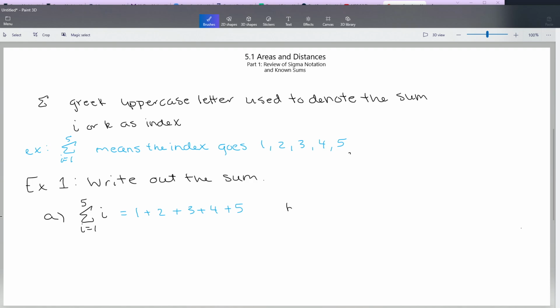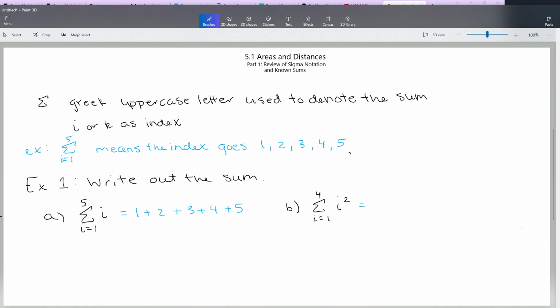Okay, let's go ahead and look at another example. Now we are looking at the sum of I squared.